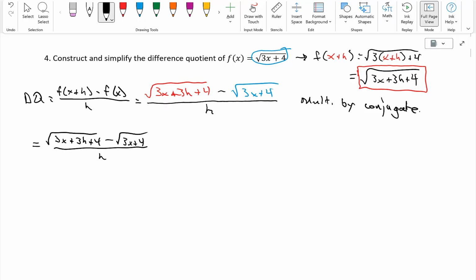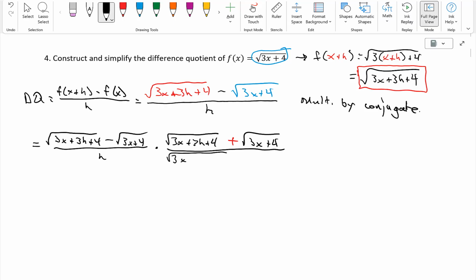And then we're going to multiply by our square root of 3x plus 3h plus 4 plus, now in the middle, right, our opposite signs for the conjugate there, our square root of 3x plus 4 all over the same thing.